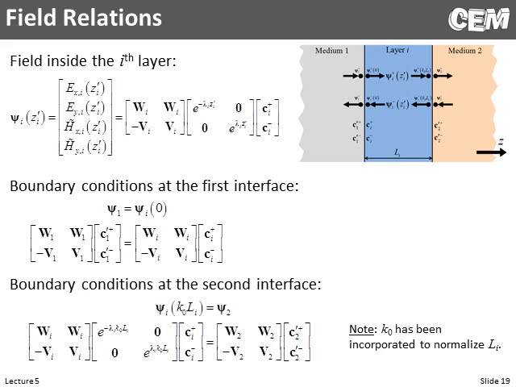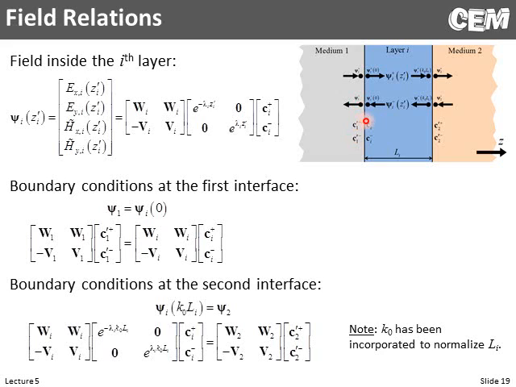So let's look at how the fields are related. We already have an expression to write the field within this layer I. That shouldn't be any surprise. But now I've added the subscript I just to remind us this is the field in the ith layer. So we want to look at our boundary conditions now at this first interface.